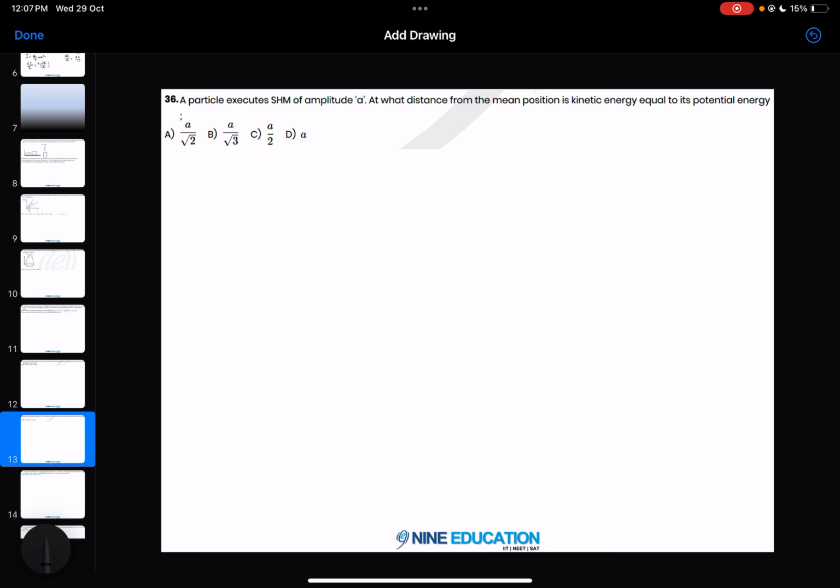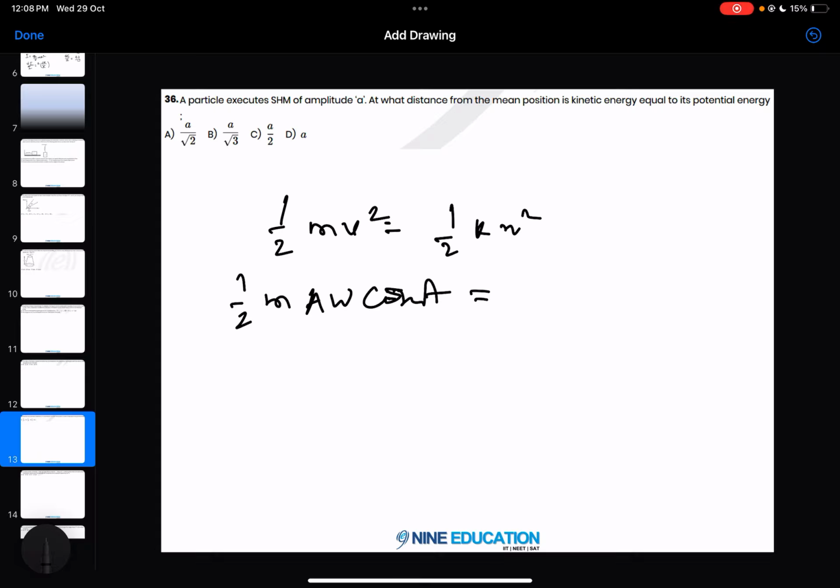Now the next question is saying kinetic energy is equal to potential energy. The kinetic energy is half mv square, and potential energy is half kx square if you consider spring. Half m, velocity is nothing but a omega cos omega t whole square, a square omega square cos square, equals half k, x is a sin omega t, a square sin square omega t, k is m omega square, half a square.